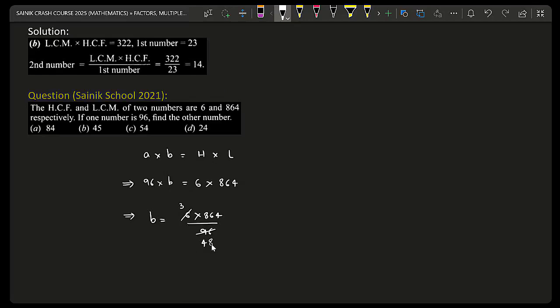Now again do division, 3 and 48. Both are divisible by 3. Nishika, can you tell me how can you check 48 is divisible by 3? Divisibility rule by 3. Tell me fast. Sum of the digits should be divisible by 3 or not. Yes, sir.